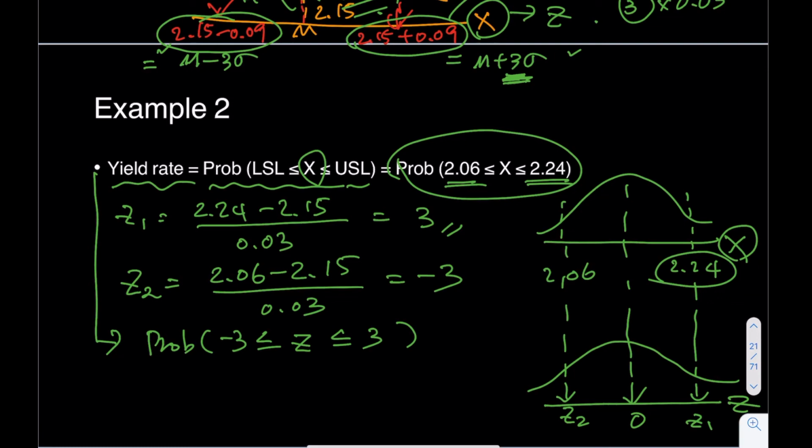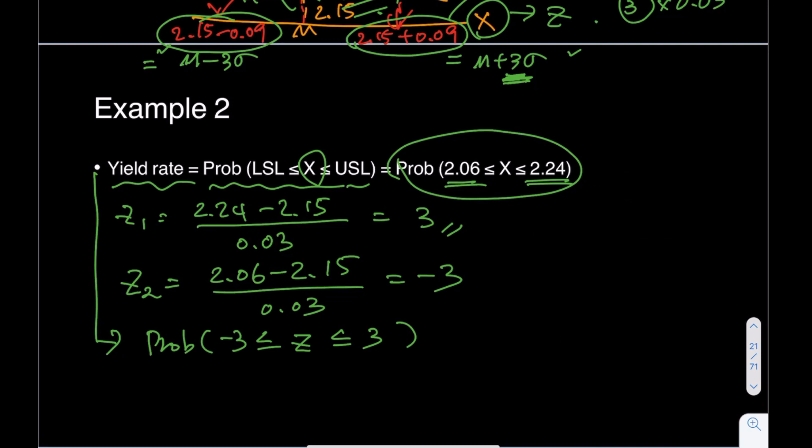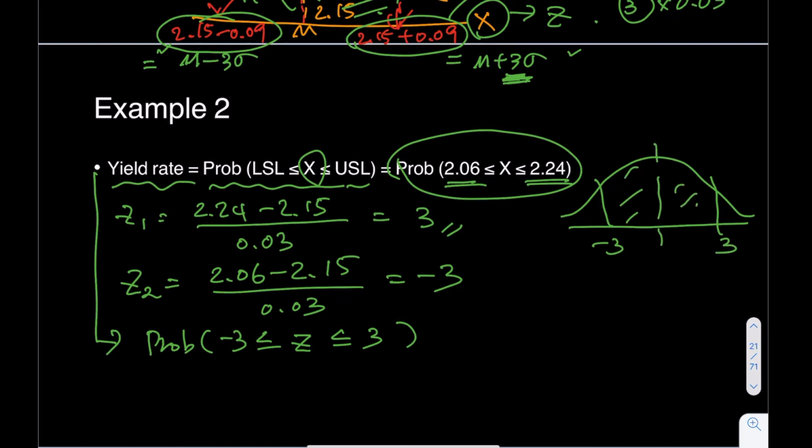Okay, so using the standard normal distribution table, we can get this yield rate. I will not show you all the details, but with minus 3 and 3, if this is the area that we are looking for, we can think of it as 2 times this yellow area. How do we get this yellow area?